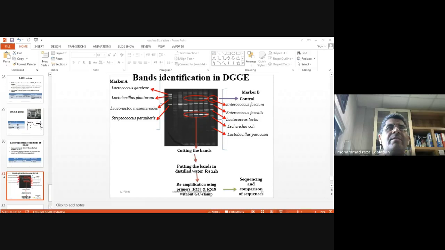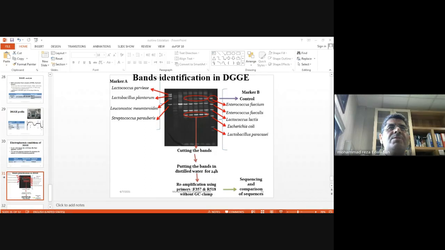In marker A, we have 4 bands, representative of these bacteria: Lactococcus garvieae, Lactobacillus plantarum as the second one, Leuconostoc mesenteroides as the third one, and Streptococcus parauberis as the fourth one.